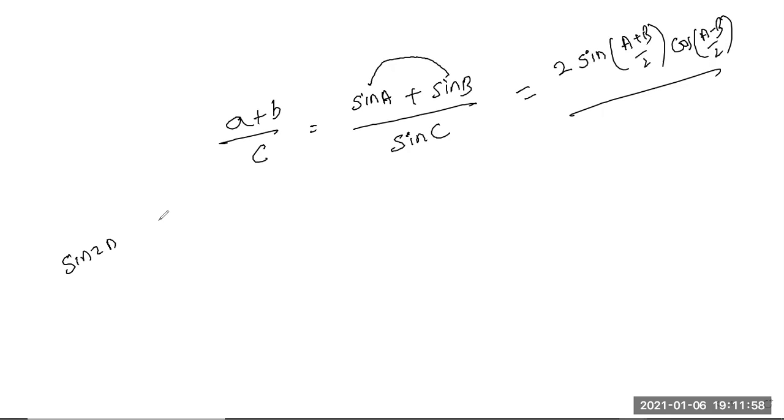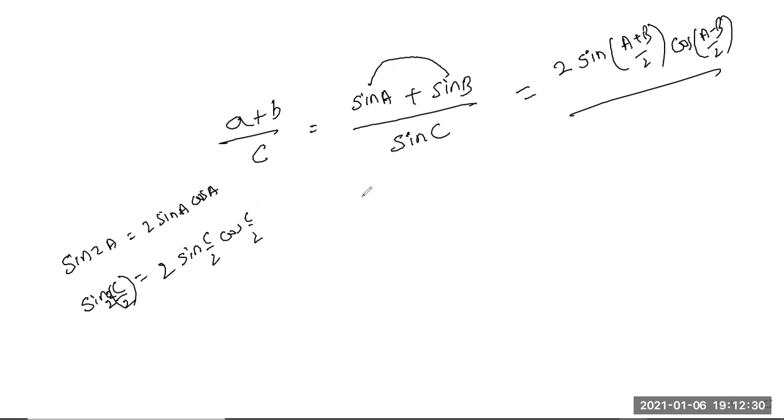You know sin 2A is 2 sin A cos A, but here you have C. So you can write C as 2 times C by 2. Sin of 2 times C by 2 is written as 2 sin C by 2 into cos C by 2.